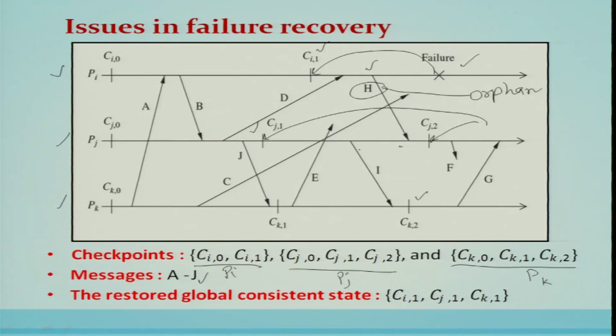Because of the same domino effect. Why? Because this message H will become an orphan message, and based on this message it has to roll back to this point. So this will form a recovery line, shown here in this example. That restored, globally consistent state is also called a recovery line.